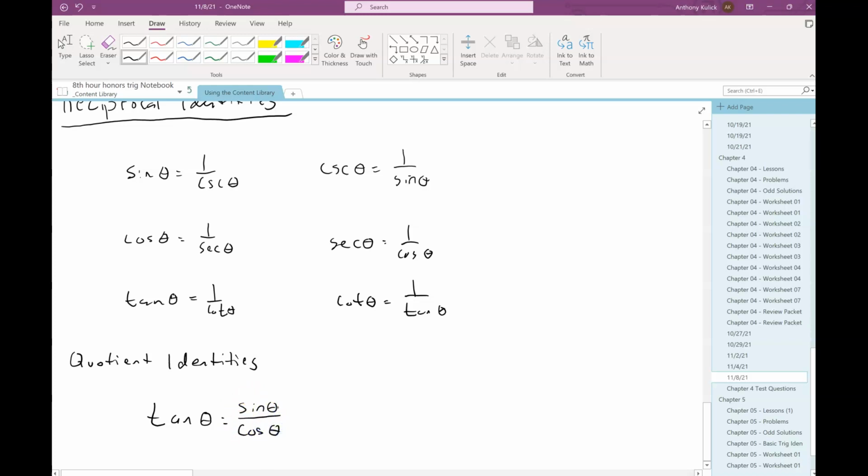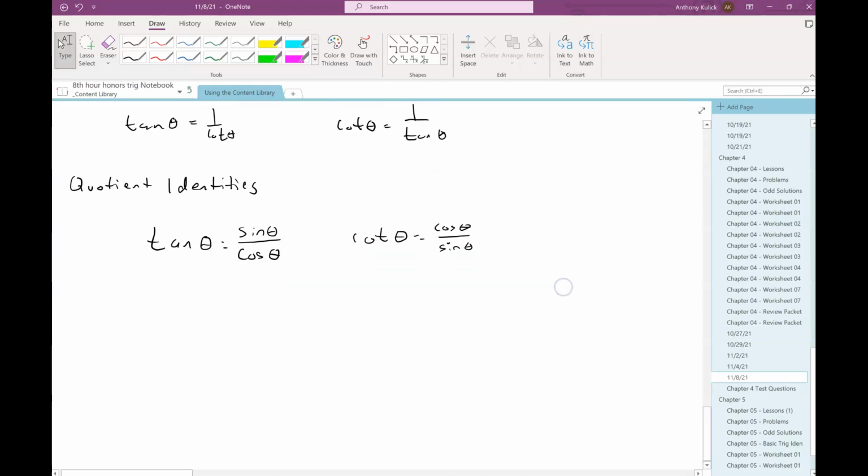So we can really say that tangent is sine over cosine. And since cotangent is the reciprocal of tangent, I know that cotangent is cosine over sine. Everybody okay there?